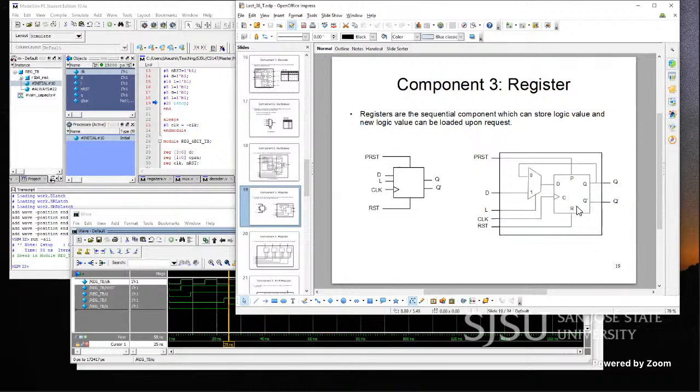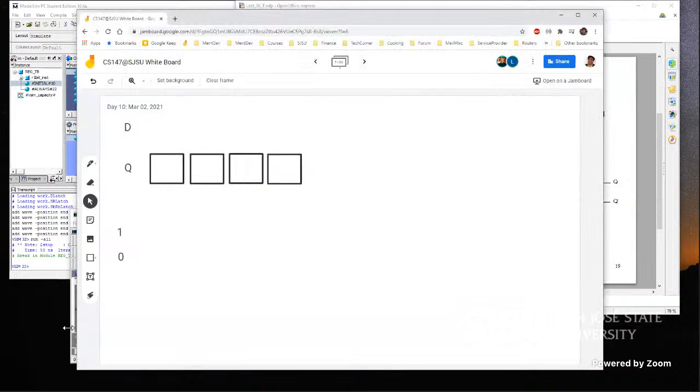D flip-flop, on the other hand, whatever comes into the D, it will blindly load and store into the flip-flop upon this clock edge. But with a register, we can actually control which bit will be loading and which time will skip that incoming bit. So that's the functionality of the 1-bit register.